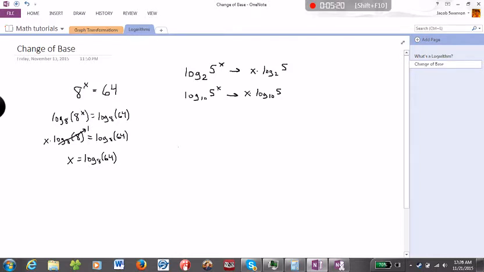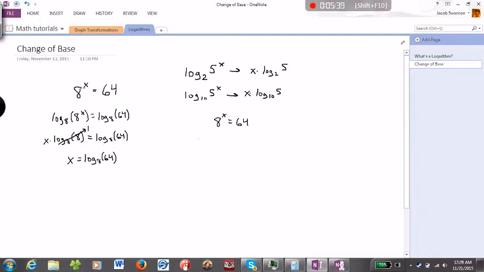Let's do the same problem, but we're going to use log base 10 this time, which our calculator does in fact have. So here we go. We have 8 to the x equals 64. This time we're going to take the log base 10 of both sides.